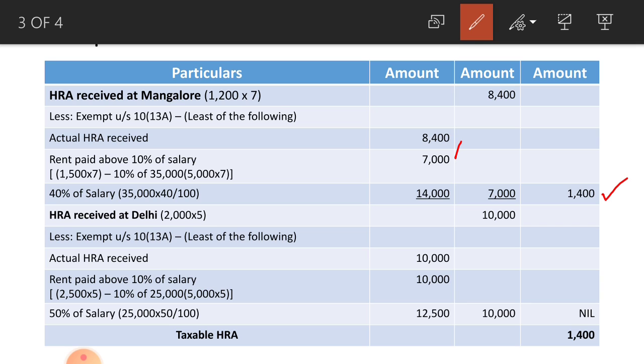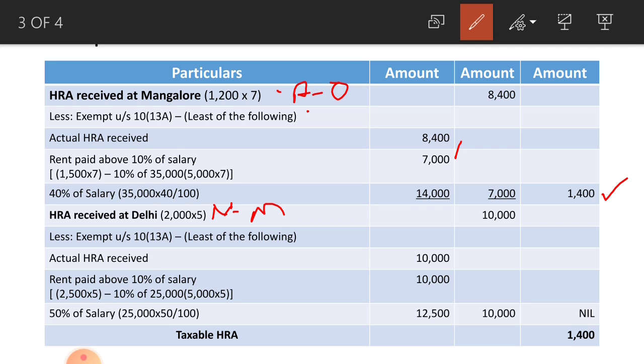Next, you have to calculate HRA received in Delhi, that is 2,000 HRA received for 5 months, from November to March. This is from April to October.